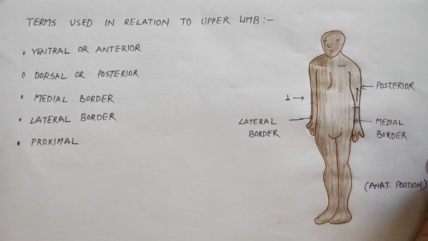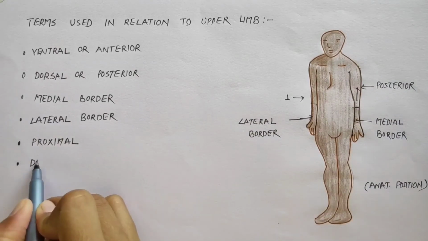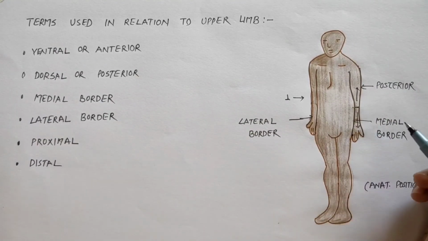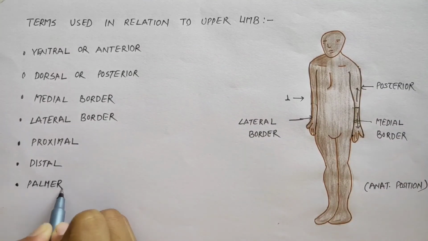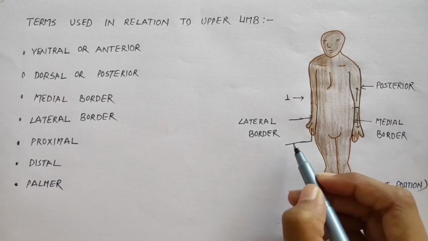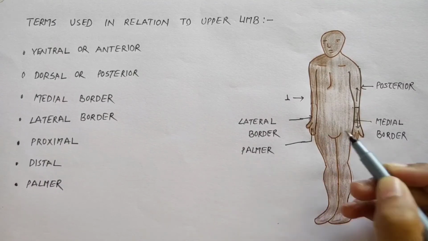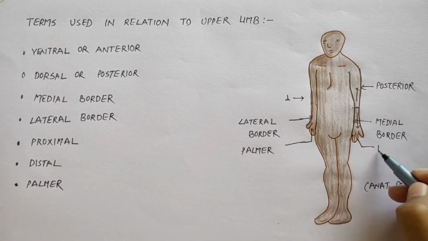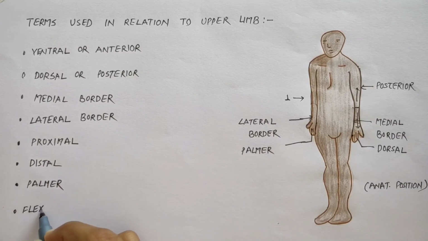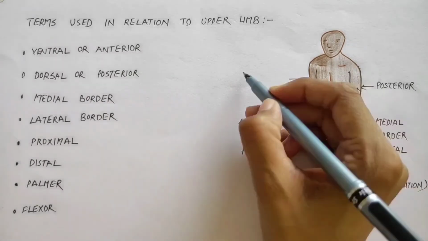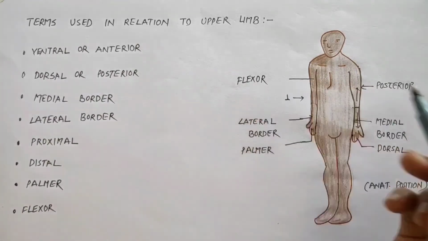Distal: it is away from the root of limb. Palmar, front of palm. Dorsal, it is back of palm. Flexor, it is front of upper limb. Extensor, it is back of upper limb.